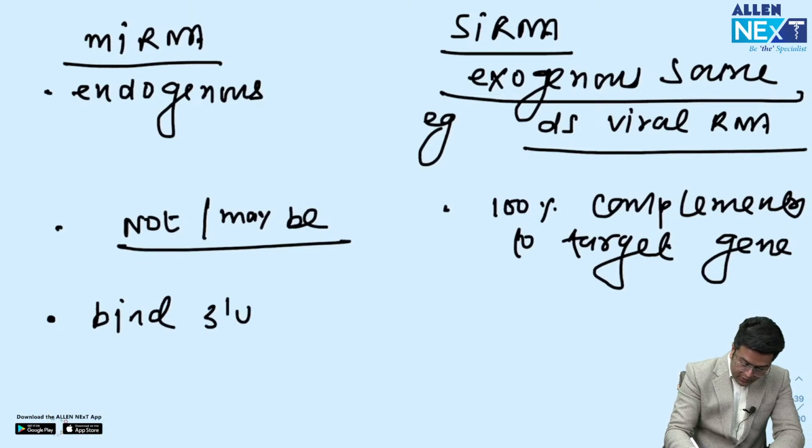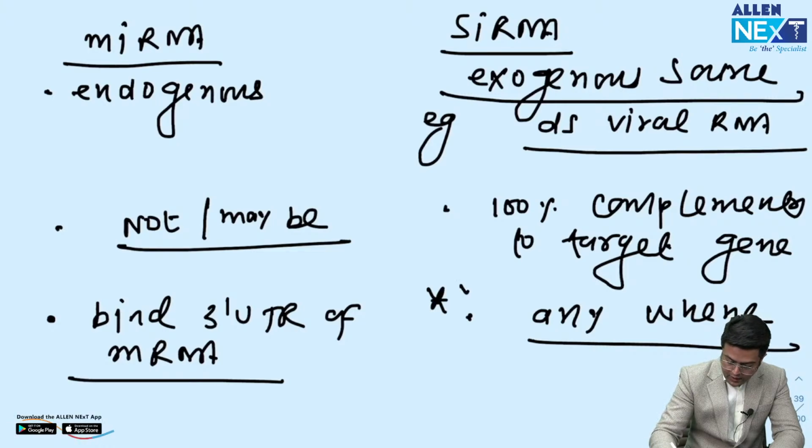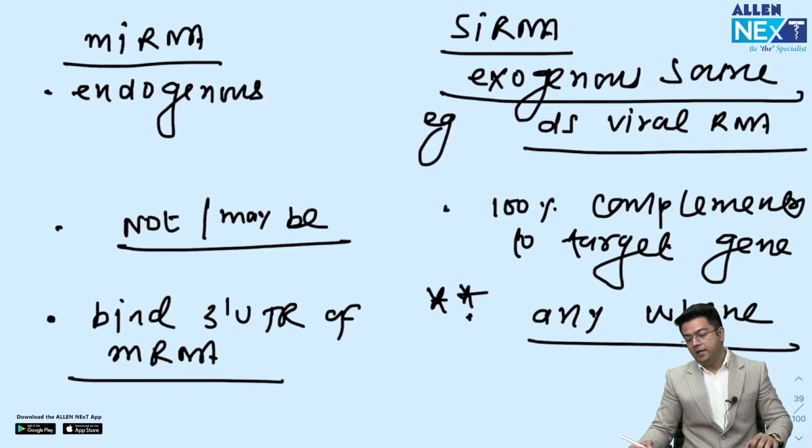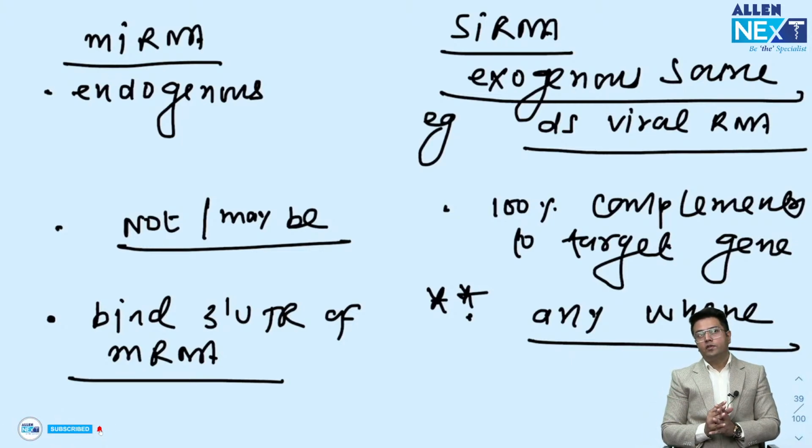MicroRNA binds the 3' UTR, the untranslated region of the target messenger RNA. So guys, siRNA can bind anywhere, right? This point can be important. Normally, siRNA is a term initially given to the short interfering RNA, which are the defense against viruses.